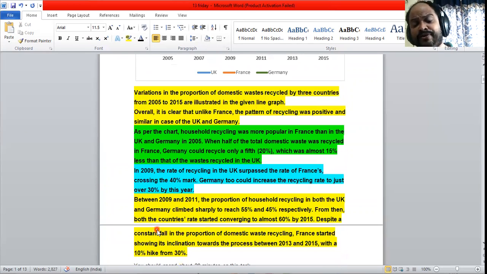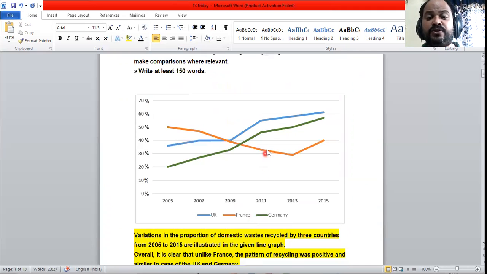From then, both these countries' rates started converging to almost 60. Converging is the opposite of diverging. Diverging is moving like this, converging is moving towards the same angle. So that is towards 60.